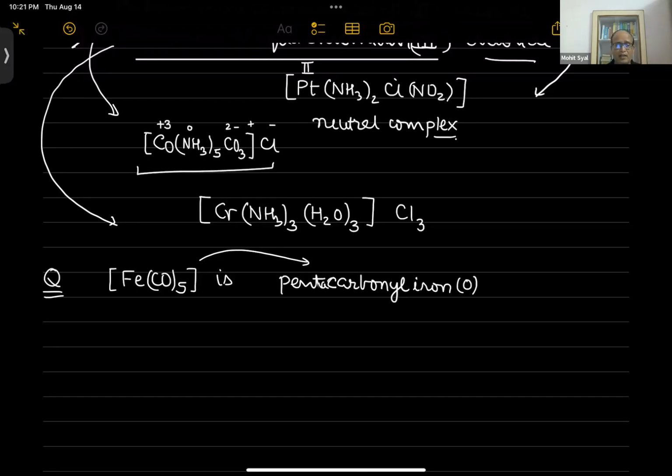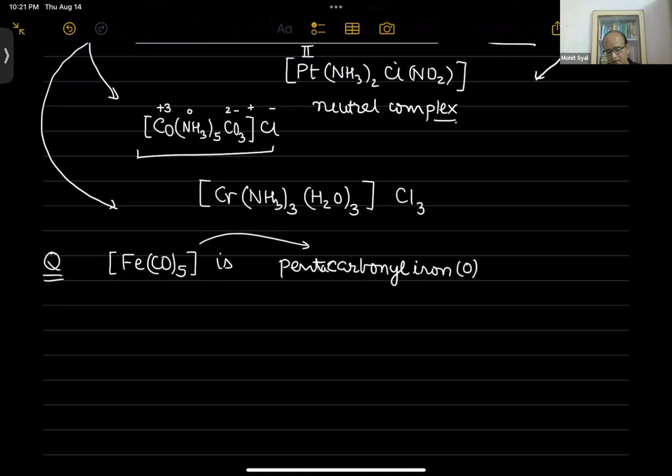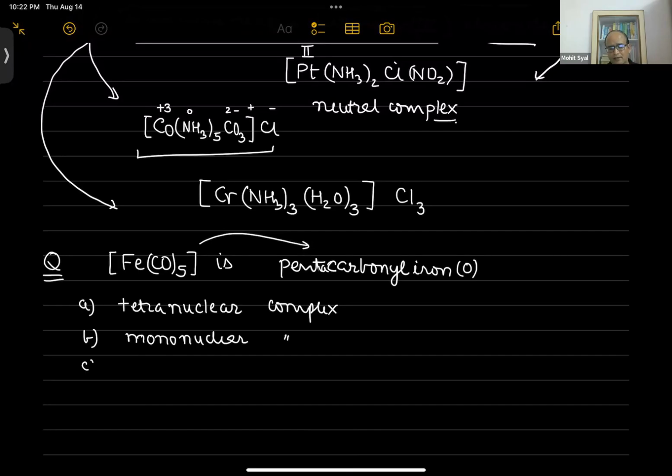The question which they have asked in your NEET examination was: is it a tetranuclear complex, mononuclear complex, trinuclear complex, or a dinuclear complex?